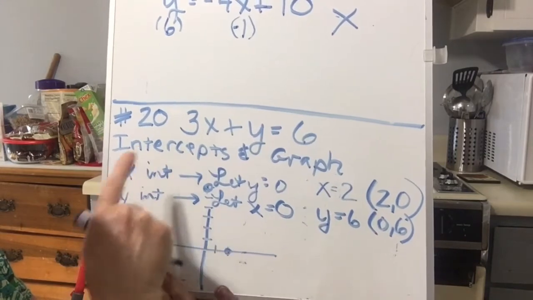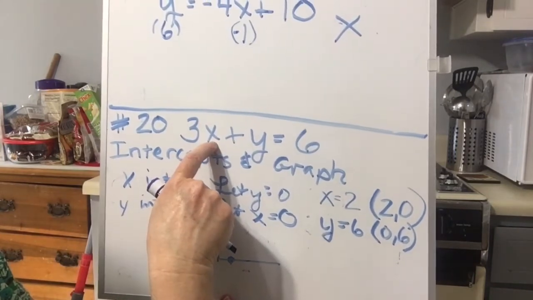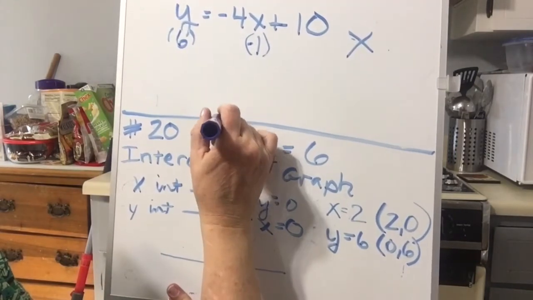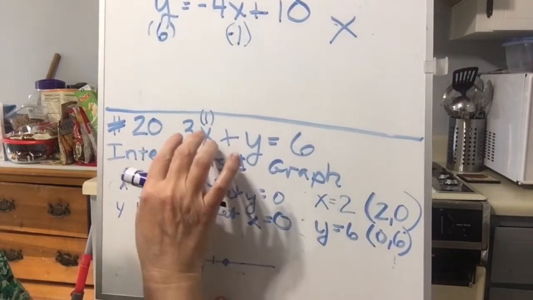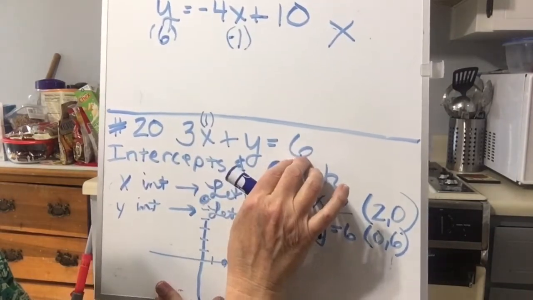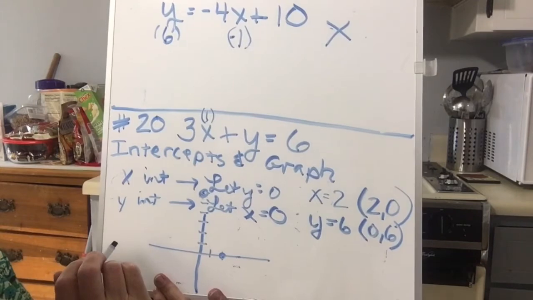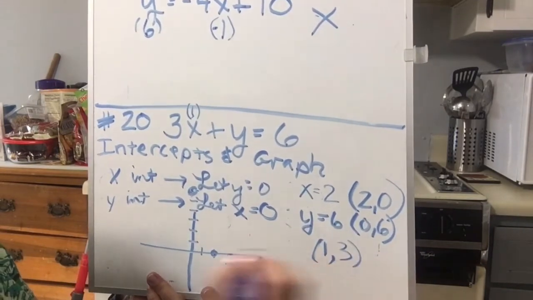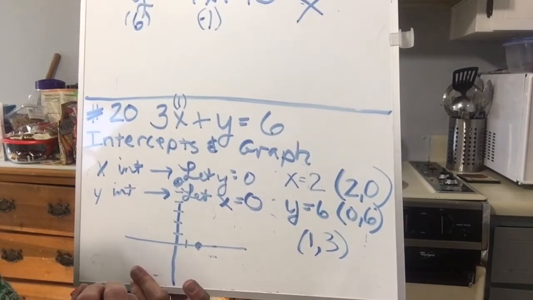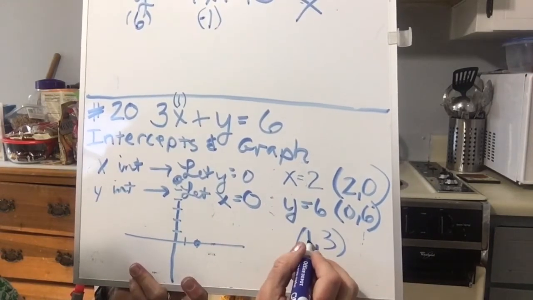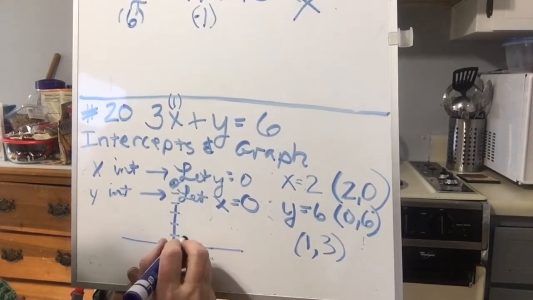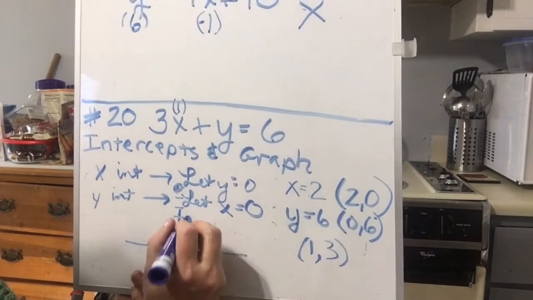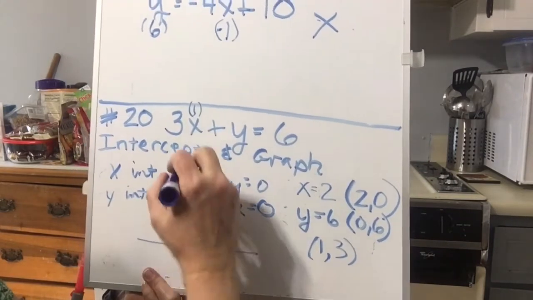Let's plug in a 1 for a third point. Then we get 3 plus something is 6, so y would be 3 also. So 1, 3 should be a third point on the graph, right there. And so the 3 points make a line.